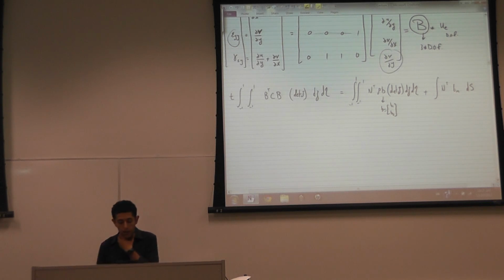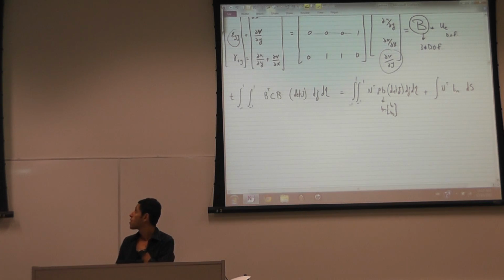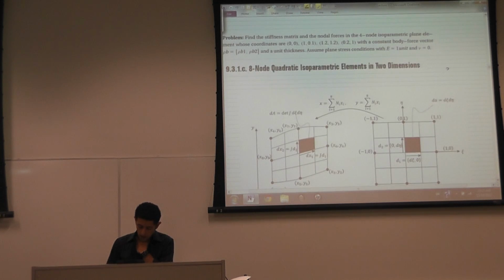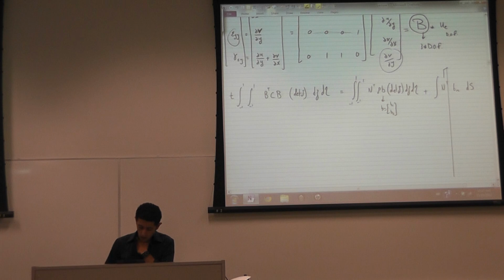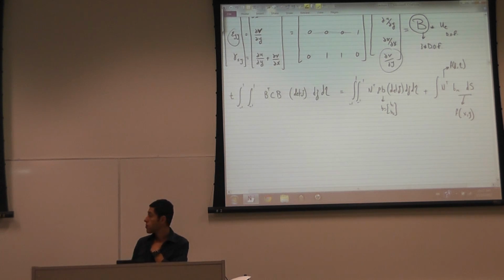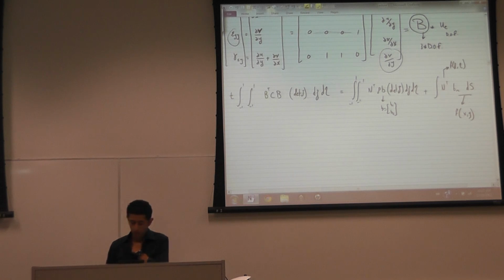Now, if you ever have to program this, you have to be very careful, because N is a function of xi and eta, yet the virtual work equation, this is a function of x and y. So we have to replace the surface with equivalent xi and eta.